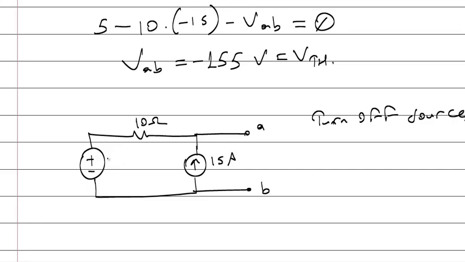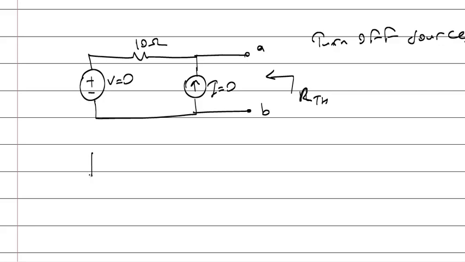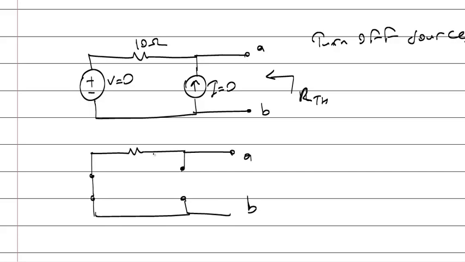So I should do this: 0 volts, 0 amp, and then look at the resistance. Okay, 0 volt means a cable. 0 current means an open circuit. So what's the resistance between points A and B?